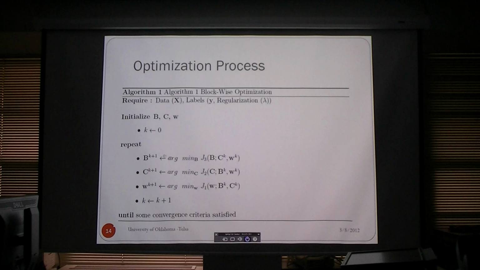If we assume B is the variable and C and W are fixed, we have J3, that I will explain, and we can find B for each step and use this B for J2, and find the C and iterate to reach a local minimum of this function.